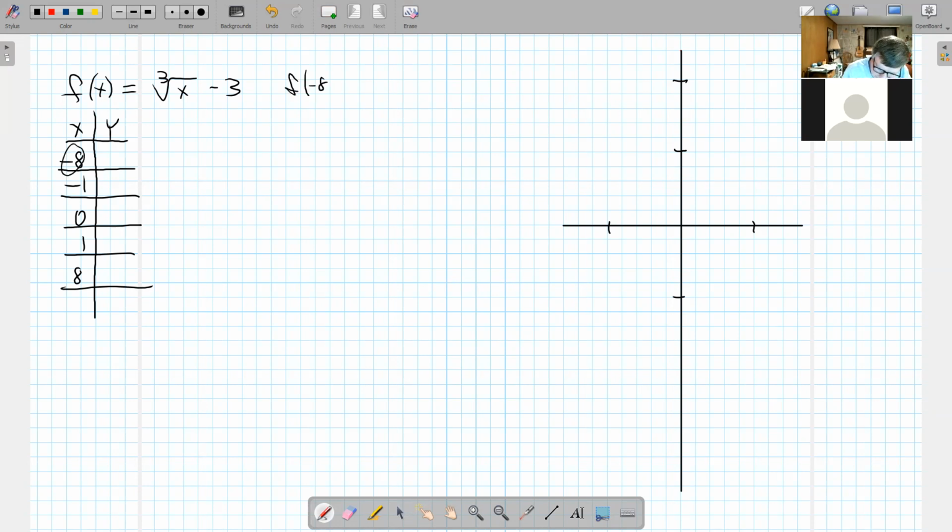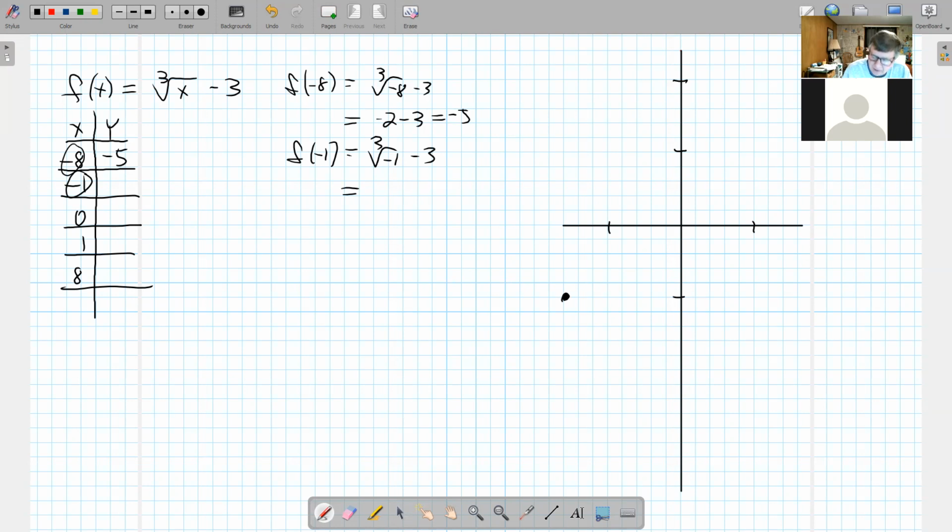So let's take -8. F of -8 would be the cube root of -8 minus 3, which is -2 minus 3, which is -5. Okay, -8, -5 would be right here. -1. F of -1 equals the cube root of -1 minus 3.